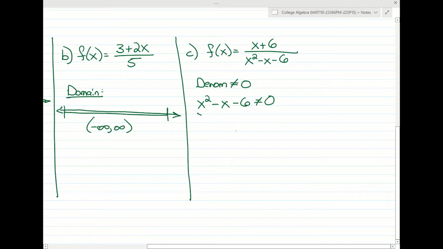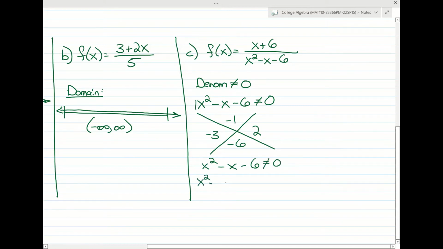So if you remember, what we did is we multiplied the first times the last number together, which is negative 6. Numbers that multiply to be negative 6 and add up to be negative 1 would be negative 3 and 2. And then in order to factor this, instead of x squared minus x minus 6 is 0, you would say x squared minus 3x plus 2x minus 6 is 0.